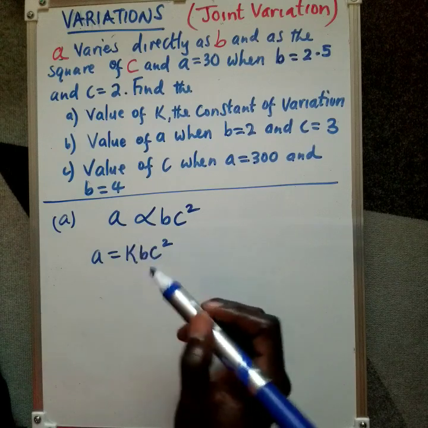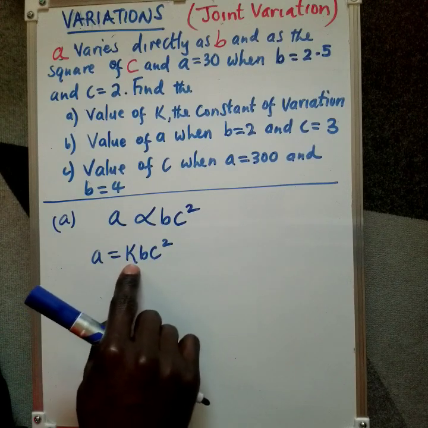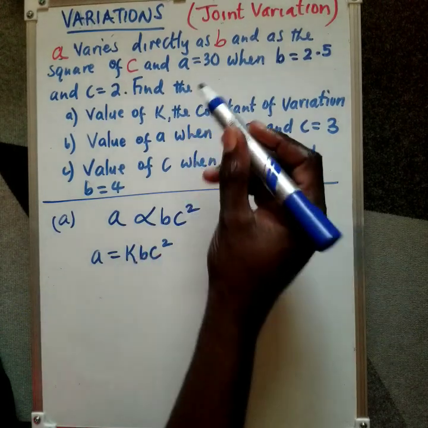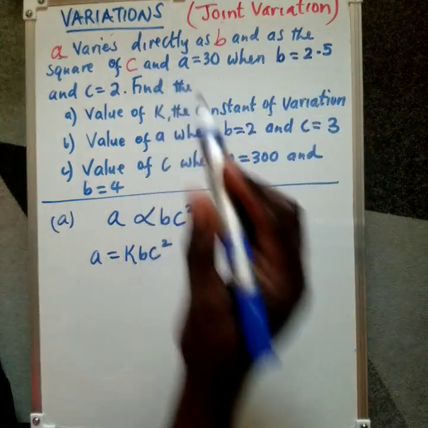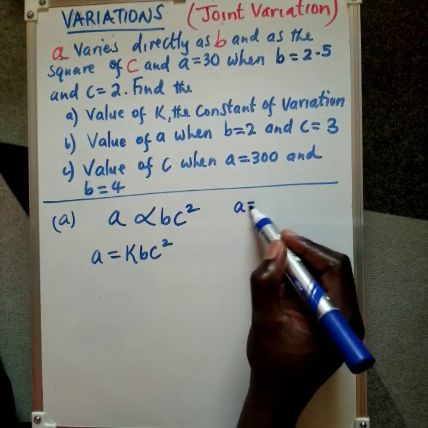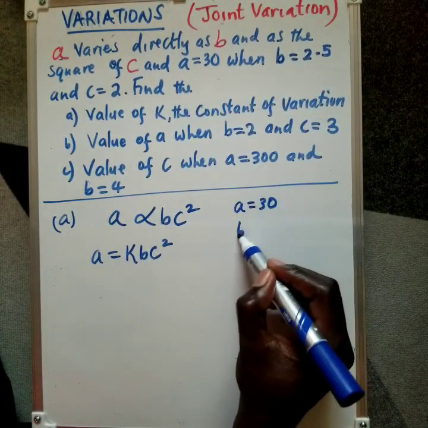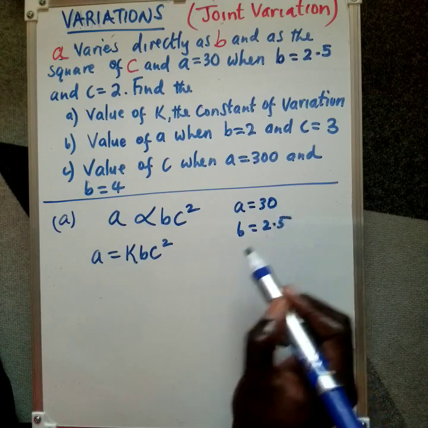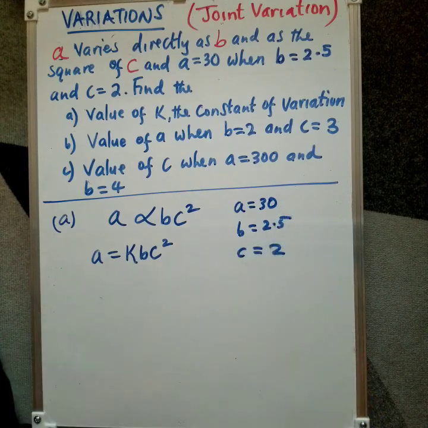So now, in order to find the constant of variation, you need to utilize what you have been given. They told us that A is equal to 30 when B is equal to 2.5 and C is equal to 2. So those are the values that we are going to use.